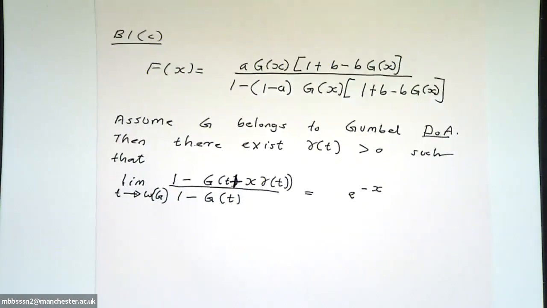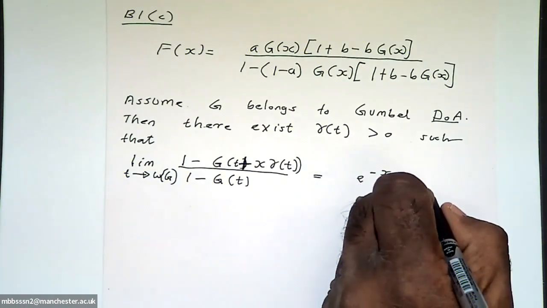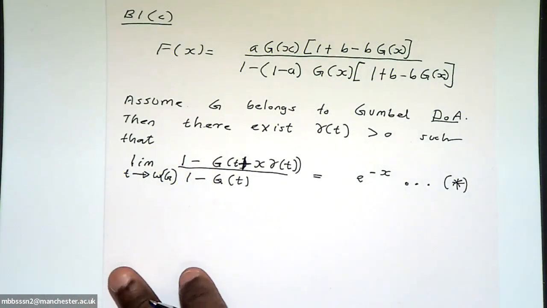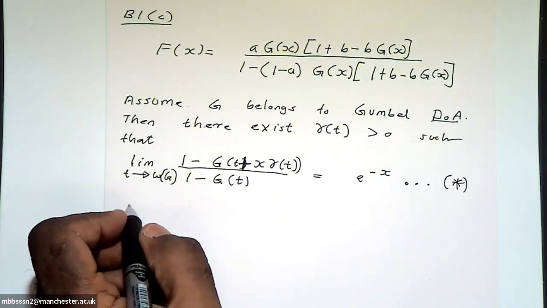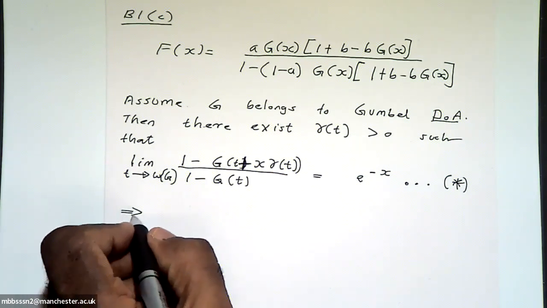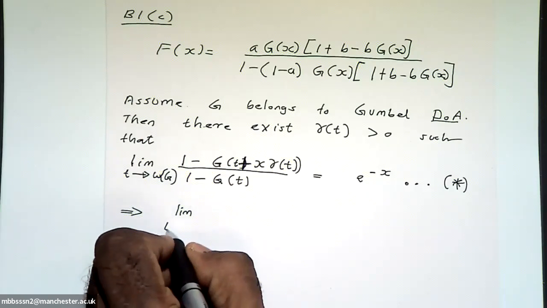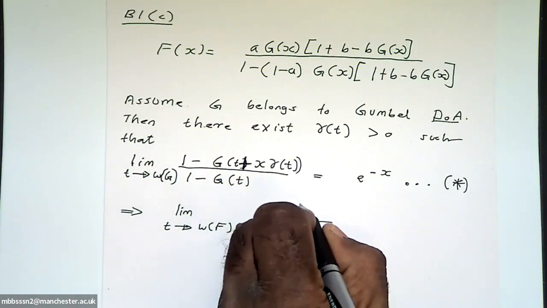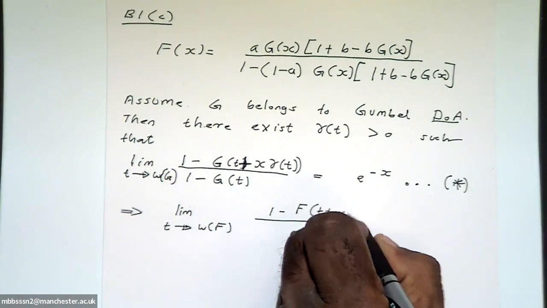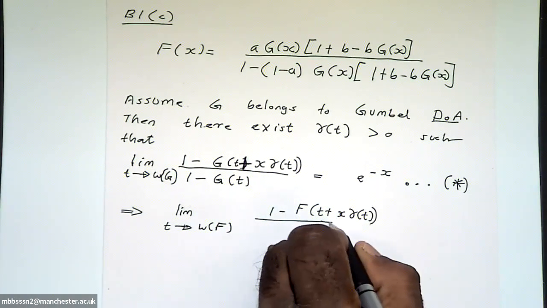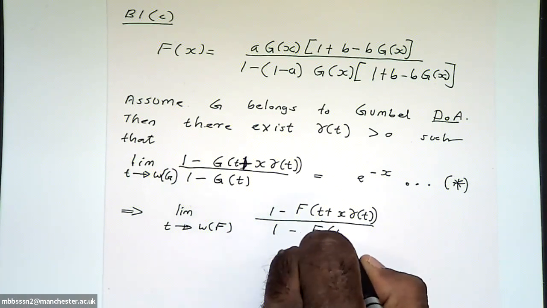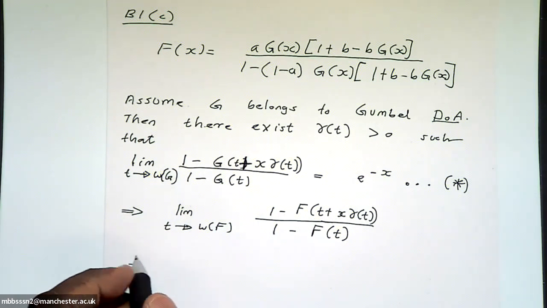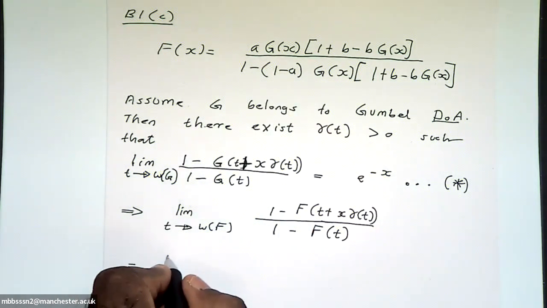Okay, so let me call this condition star, right? We need to show that the same type holds when you replace G by F. So this is going to be equal to, now I'm going to substitute this thing into this, so it's going to be the limit.